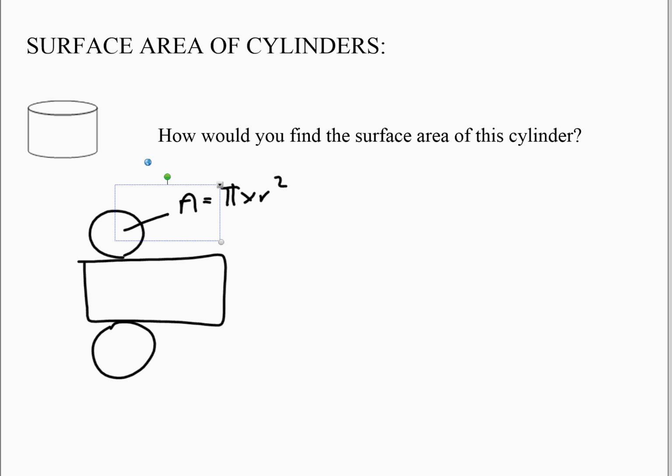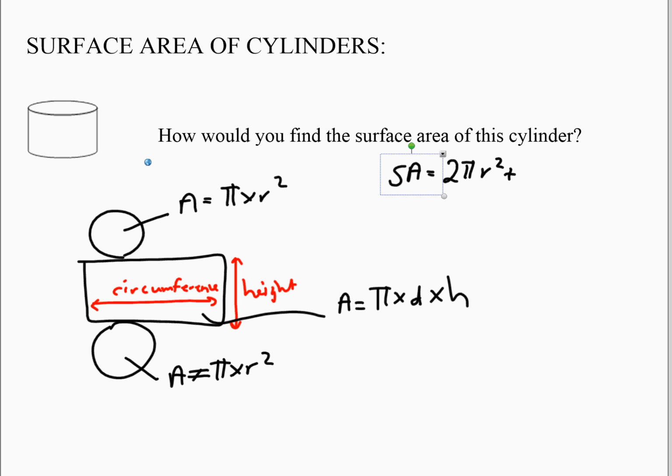So the area of that part is actually the circumference, which if you recall is pi times diameter, times the height. And then we have another circle here. Area equals pi times r squared. So the formula for surface area of a cylinder is going to be 2 pi r squared plus pi times diameter times height.